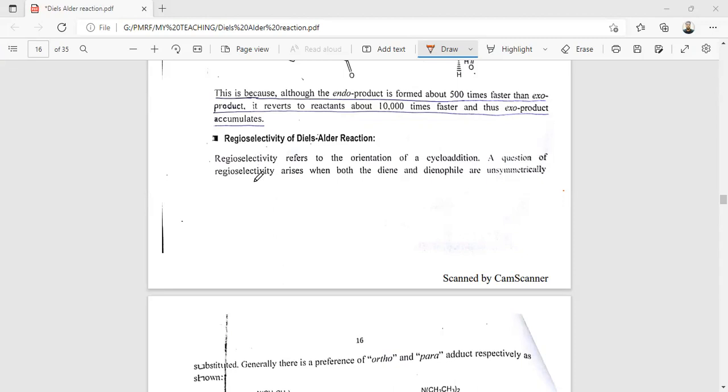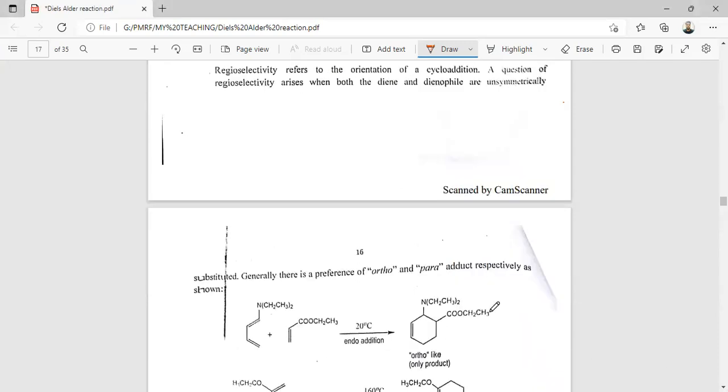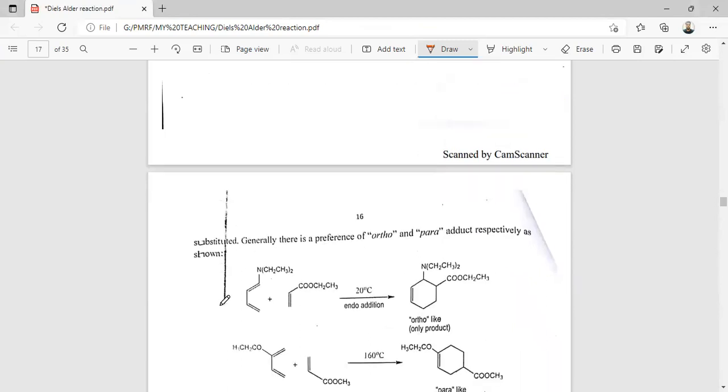So regioselectivity refers to the orientation of a cycloaddition. A question of regioselectivity arises when both the diene and dienophile are unsymmetrically substituted. Generally, there is a preference for ortho and para products, respectively, as shown.